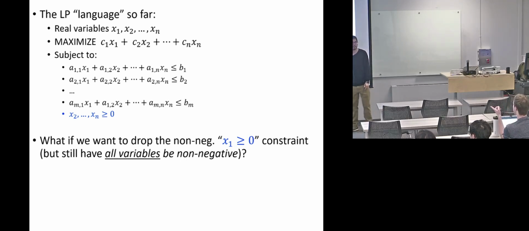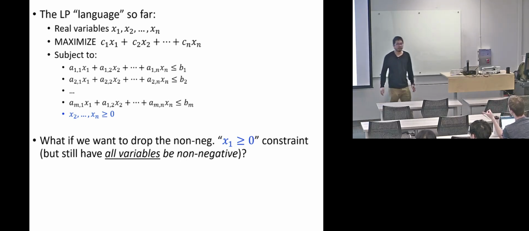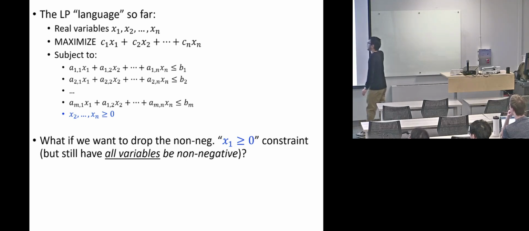So what does it mean by all variables are non-negative if x1 is one of the variables? Does it mean all other variables be non-negative? I mean, I want to create another LP that is in the standard form that is equivalent to this one, and in the new LP, all the variables are non-negative.